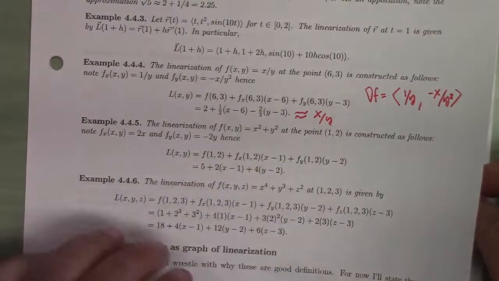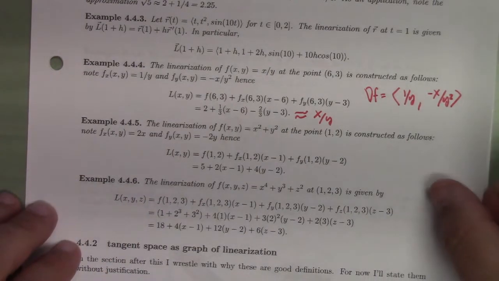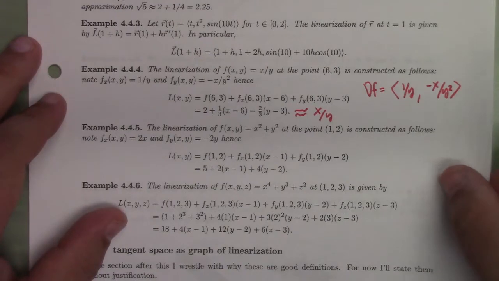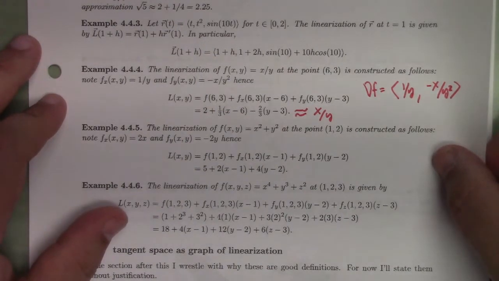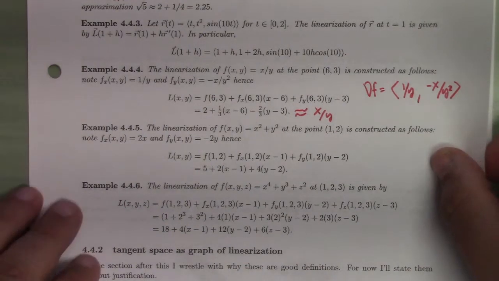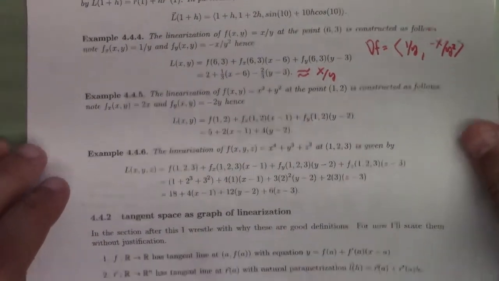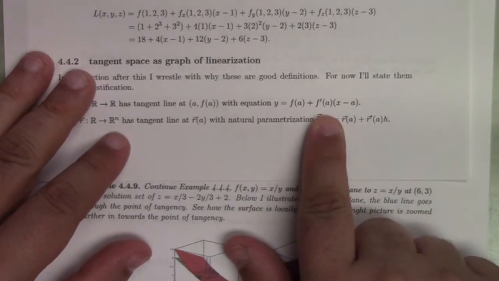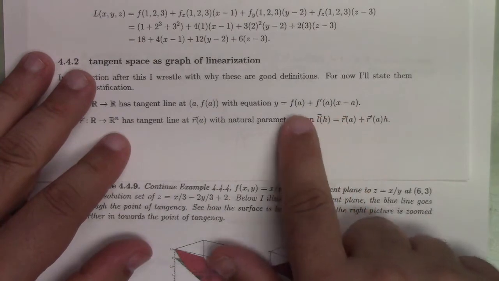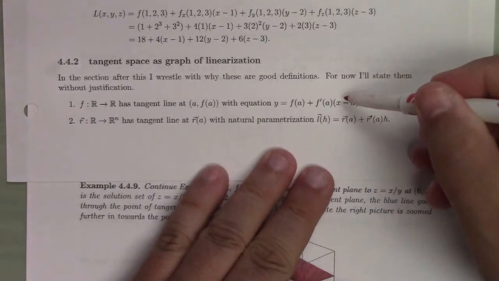So the question then is, what can we say about the linearization? Well, the linearization is related to the tangent plane, and so essentially, the graph of the linearization would be the tangent plane. And we've actually already done that in Calculus 1, right? In Calculus 1, if you set y equal to f of a plus f prime of a times x minus a, that right there is the equation of the tangent line, right?